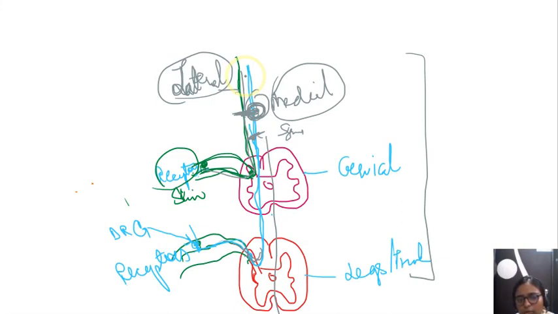From there it comes to the dorsal horn, likewise in the upper region also, and it keeps adding continually, taking the sensations from the whole body. You know the sensations which are taken by the dorsal column lemniscal system. Fine. These sensations are carried in the cervical region and the upper portion, adding to the lateral side. Fine.